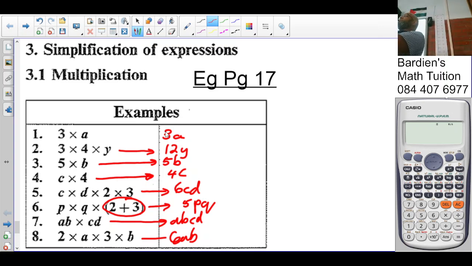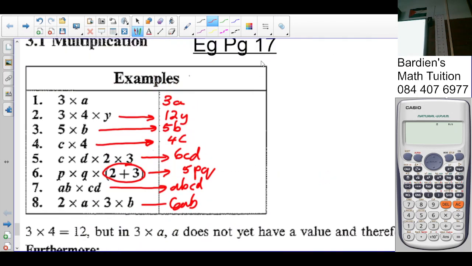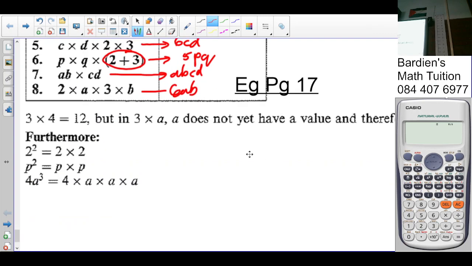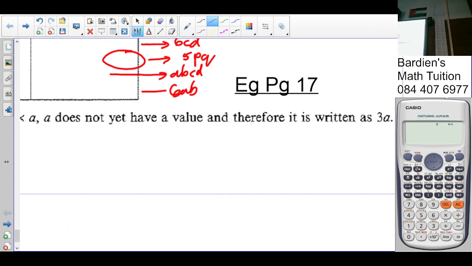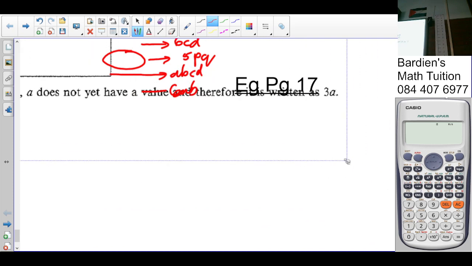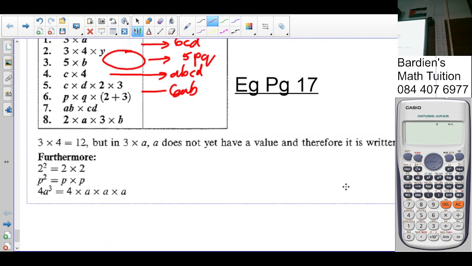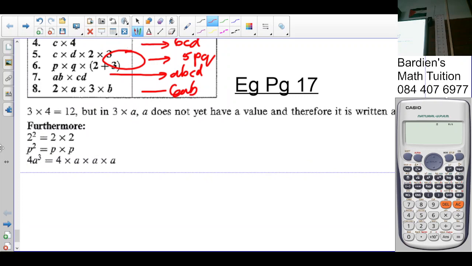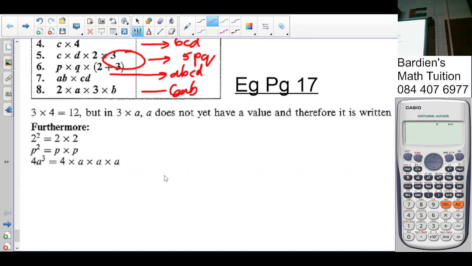Anybody else who made a mistake somewhere? So the note here is that 3 times 4 is 12, but 3 times A does not yet have a value.